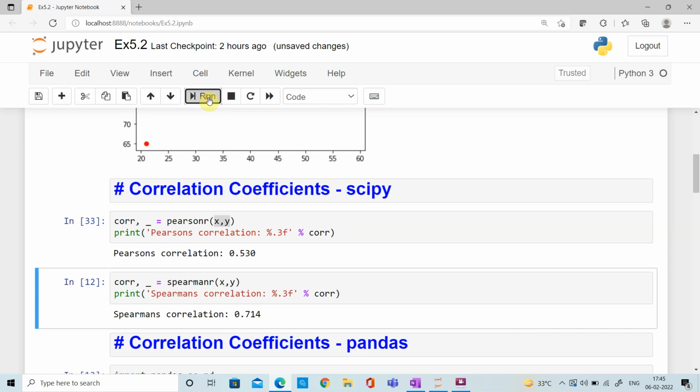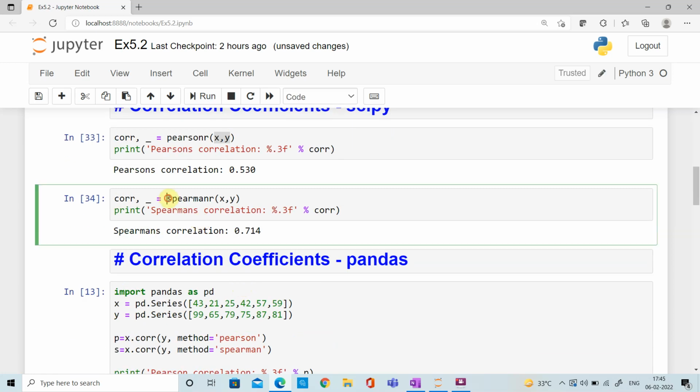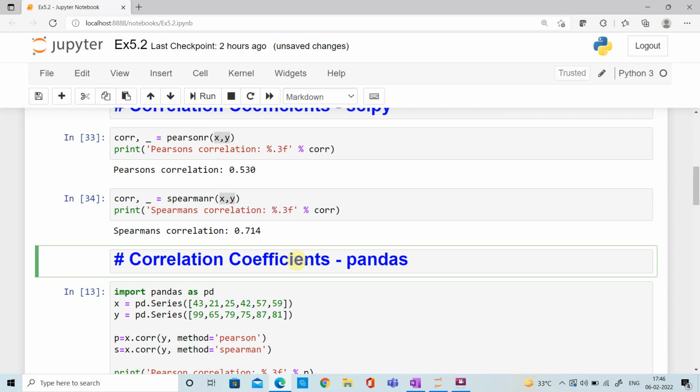And when you want to calculate the Spearman, you need to call the function Spearman. Based on the Spearman coefficient, I pass x and y variables, so I can know the variables x and y are positively correlated with the correlation coefficient value of 0.714. The same thing I am going to confirm with the Pandas library.